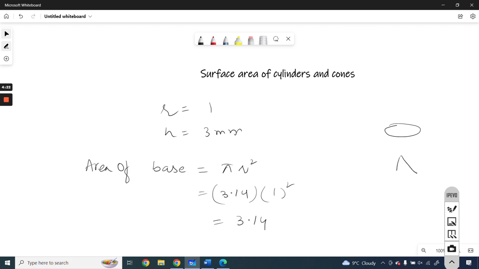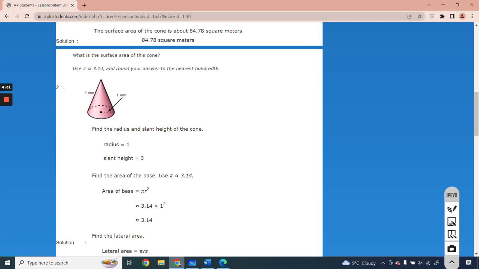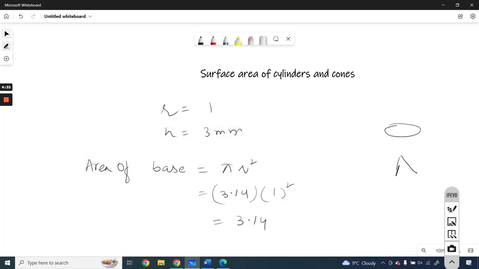Now you have to find the lateral area. Wait, I forgot the lateral area. We have to find the lateral area. So this is actually the lateral area, this one. Got it? That would be pi r s.